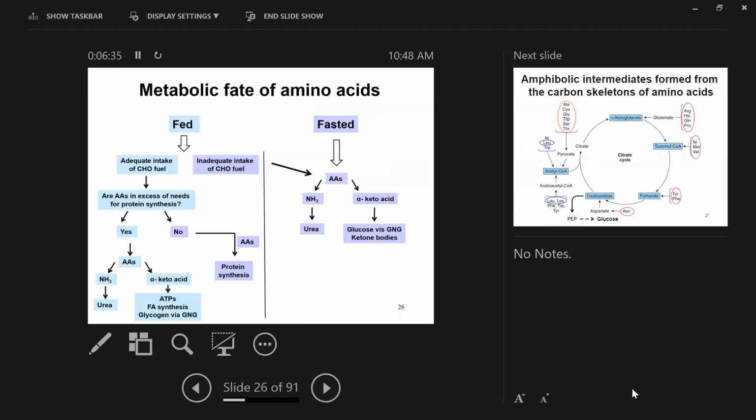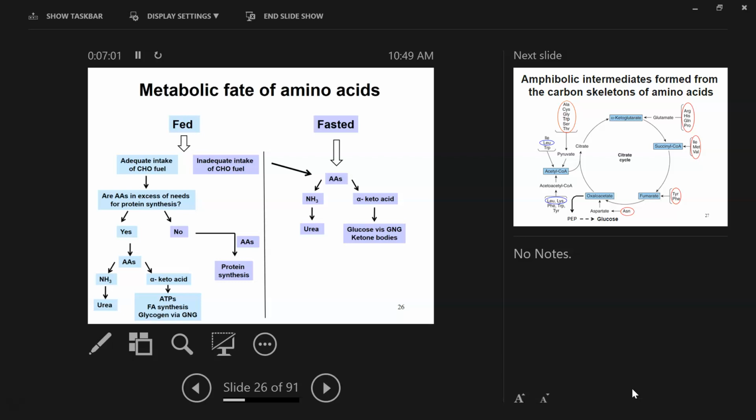Okay, so this slide shows us the overall picture of the metabolic fate of amino acids. Again, it depends on the availability of amino acids in the pool, and also on the fasting condition, like energy metabolism. So amino acids can be metabolized differently.